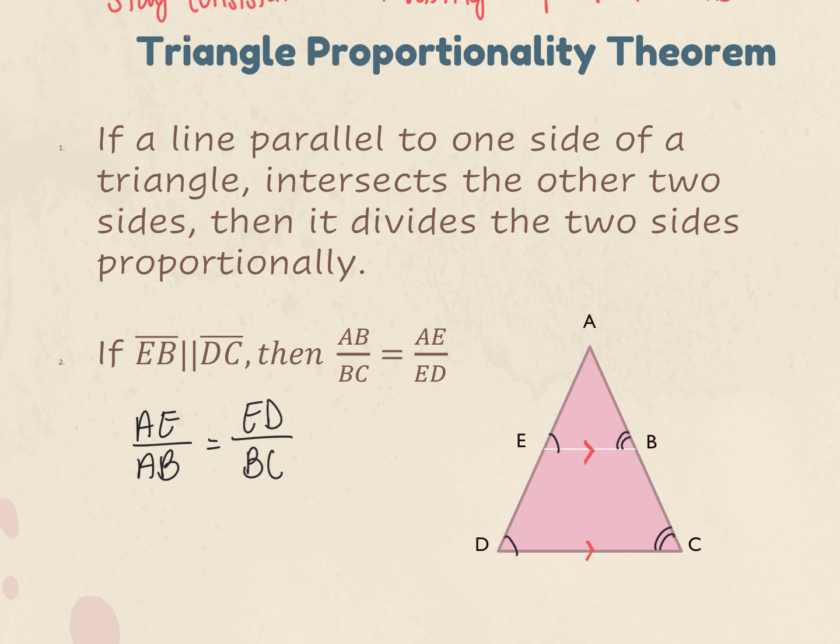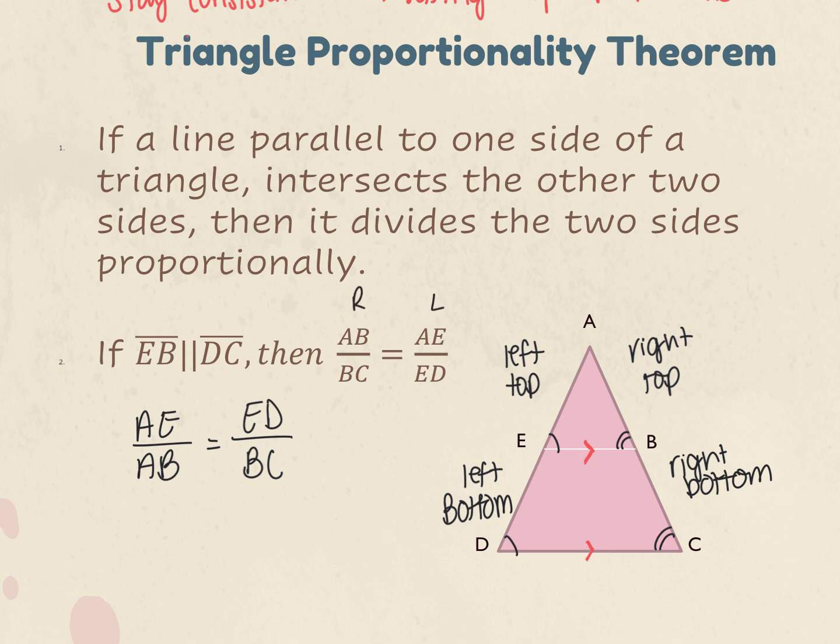So think about it as I have left top, left bottom. Then I have right top and right bottom. So how they wrote it was you have your rights together, you have your lefts together.